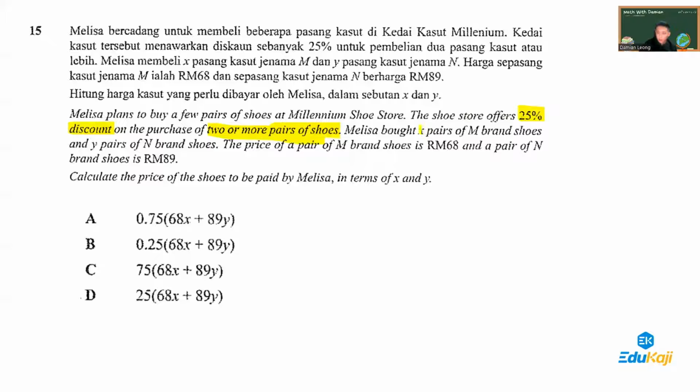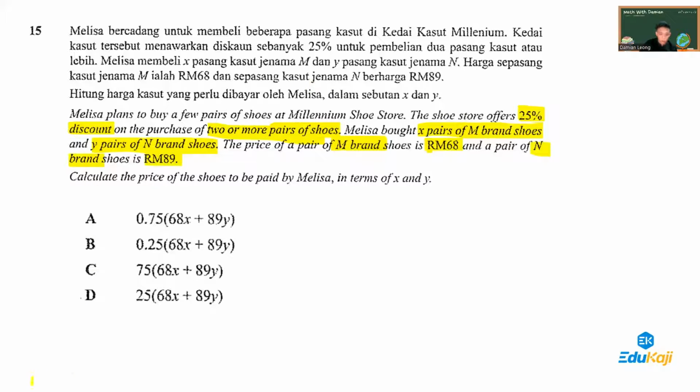So Melissa bought X pairs of M brand shoes, Y pairs of N brand shoes. M brand shoes is 68 ringgit. N brand is 89 ringgit.